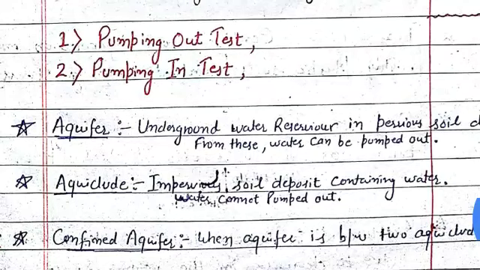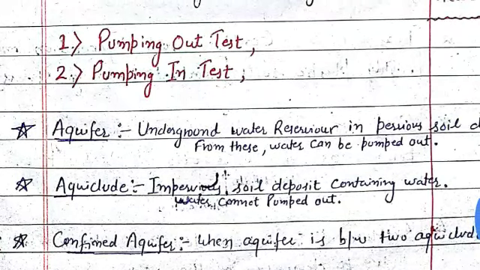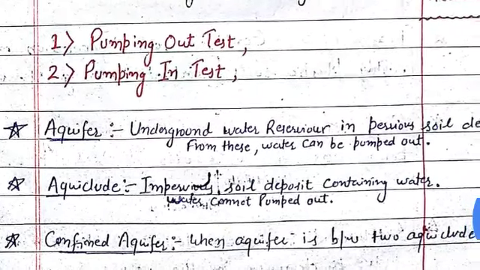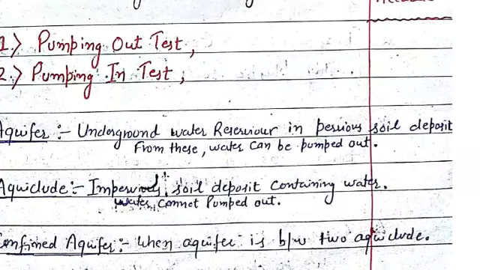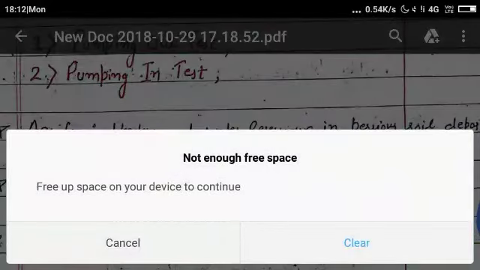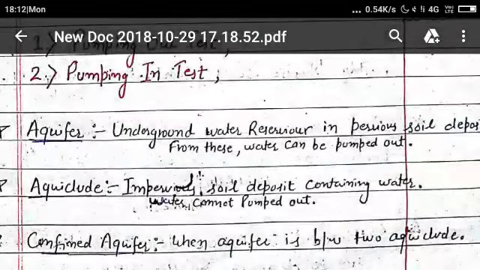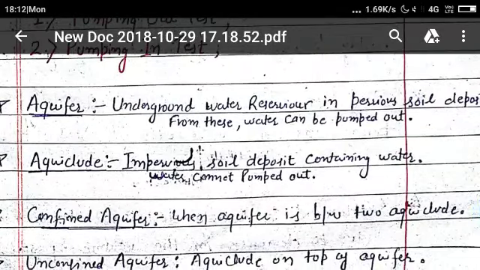Next one, aquifer. Aquifers are underground water reservoirs in porous soil deposits. From this, water can be pumped out. Next one is aquiclude. Aquiclude is an impervious soil deposit containing water, and water cannot be pumped out.